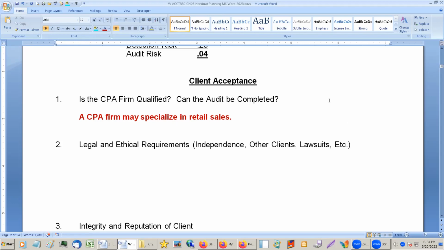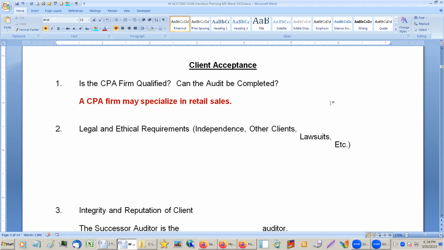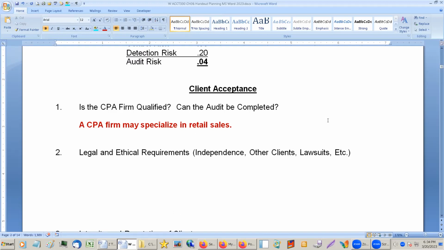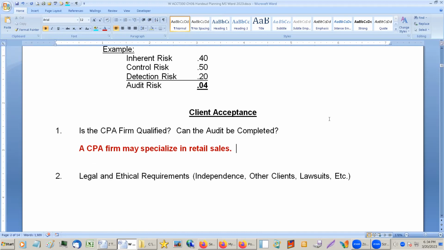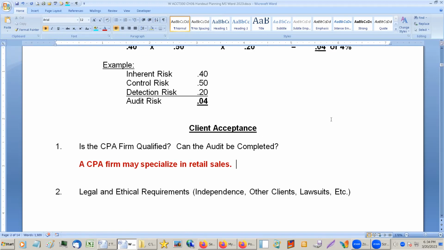Now, suppose they don't have any expertise in it. So someone says that they own a tree farm and they grow trees, and it takes 3 years, and then they harvest the trees and they get them planted all over and whatever. Can you take an audit that is not your specialization? And the answer is yes, as long as you believe that you can become familiar enough to complete the audit.